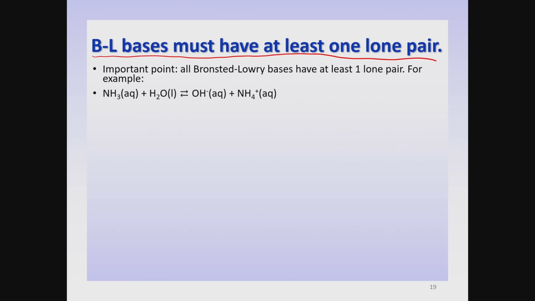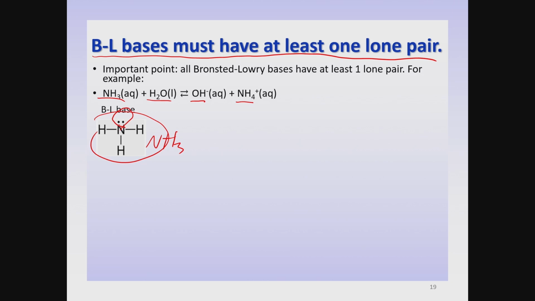And so with one of the last reactions I was talking about, we have ammonia reacting with water, and so ammonia here is acting as a Bronsted-Lowry base, and you get hydroxide and ammonium as products. So very importantly, the structure of ammonia is this here. This is NH3, and I want you to notice that there is a lone pair on this molecule.